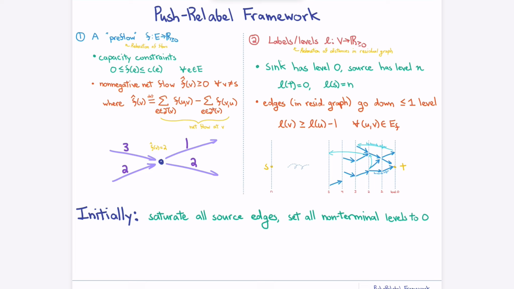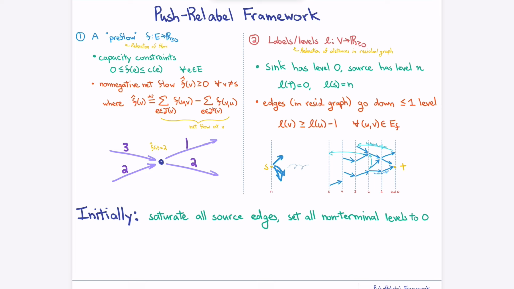To address that, the first step of the algorithm is going to take the source, which may have some edges, and it's going to try to push out as much flow as possible. It's just going to saturate all of those edges. So if the source edges had 10, 2 and 4, it'll just send 10 units, 2 units, and 4 right away, as much as possible.